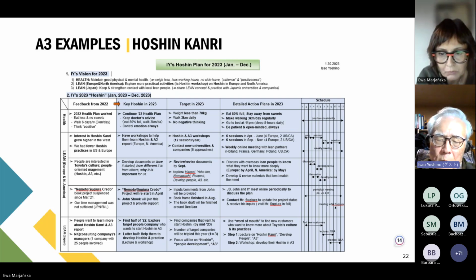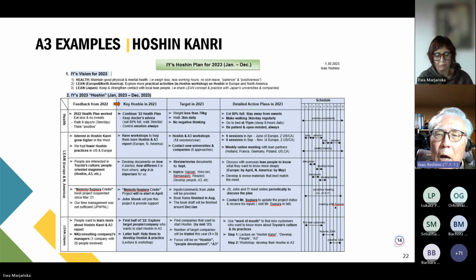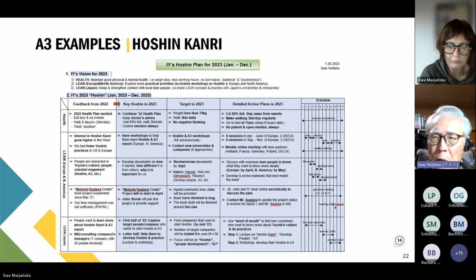So I just share this. Okay, this is what I'm planning to do. When you express it verbally, sometimes you miss something important. But when you write it down, it is more helpful for the people who ask you. More importantly, it is a very, very good reminder for myself.